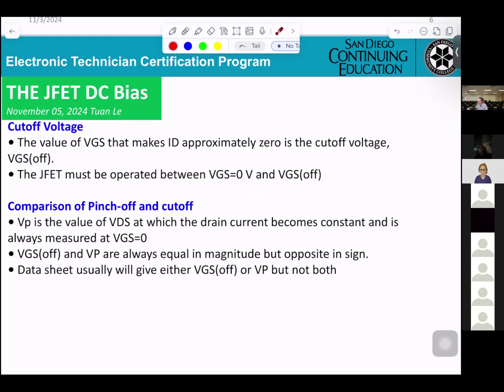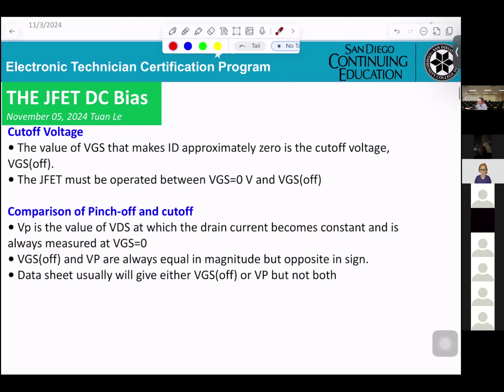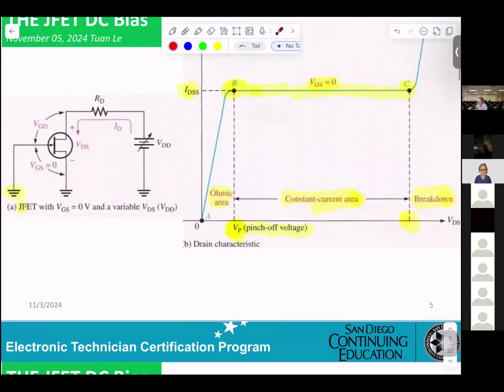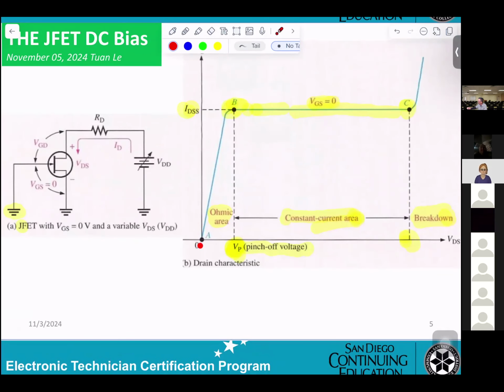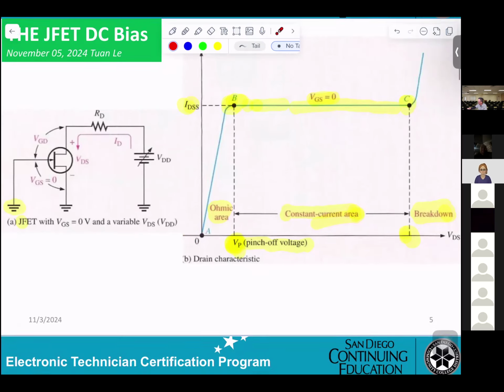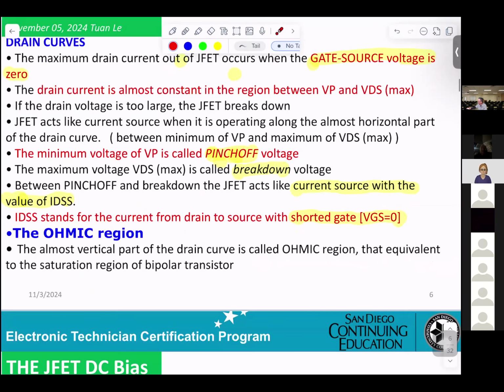VP is the value of VDS at which the drain current becomes constant, and it is always measured at VGS equals 0. Looking here, at this point VGS will be 0, so you get maximum current, and that will be IDSS.